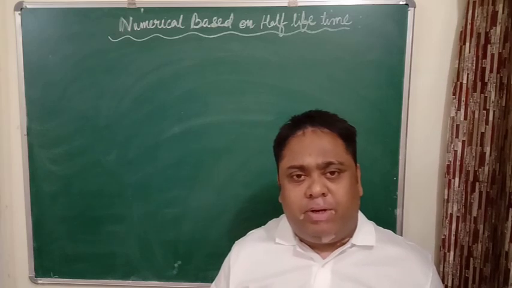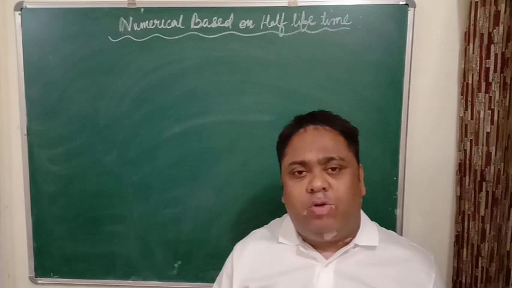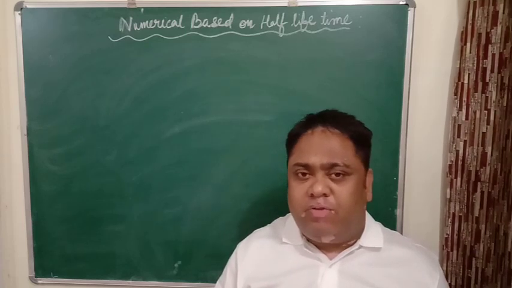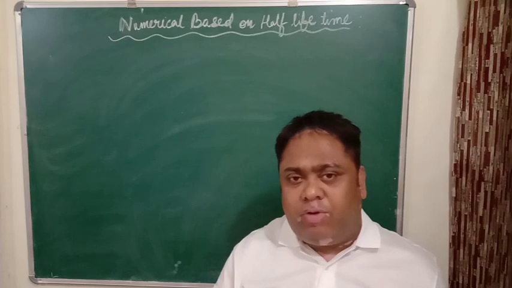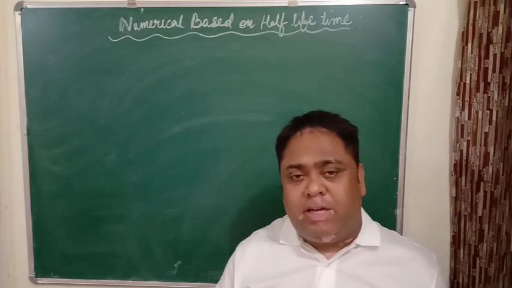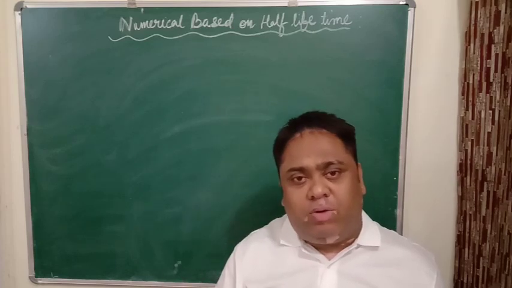To find this time period, we need the value of k. If we are given the half-life, we can find k, and for a desired period of time we can find how much sample is left, or if the percentage of sample left is given, we can find the time.